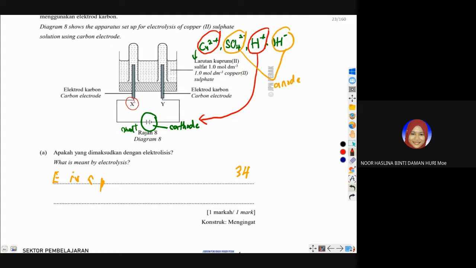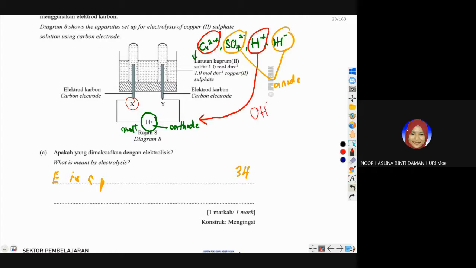What is halide solution? Group 17: chlorine, bromine, so if there is chloride ion, bromide ion, iodide ion, you must check whether it's concentrated or not. Other than that, we choose hydroxide ion to be discharged. So automatically we know, oh, hydroxide ion will be discharged.